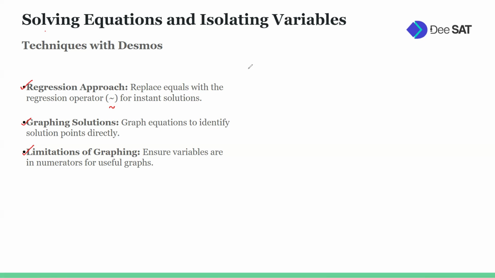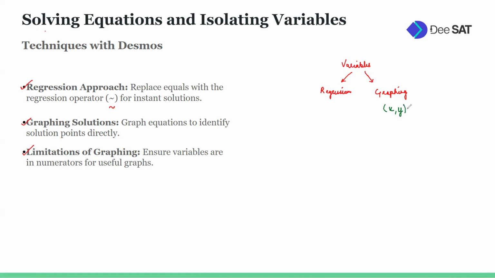Another important thing to understand over here is there are two types of variables. The very first is regression variables. The other one is your graphing variables. Please consider the graphing variables are only variables with x and y.